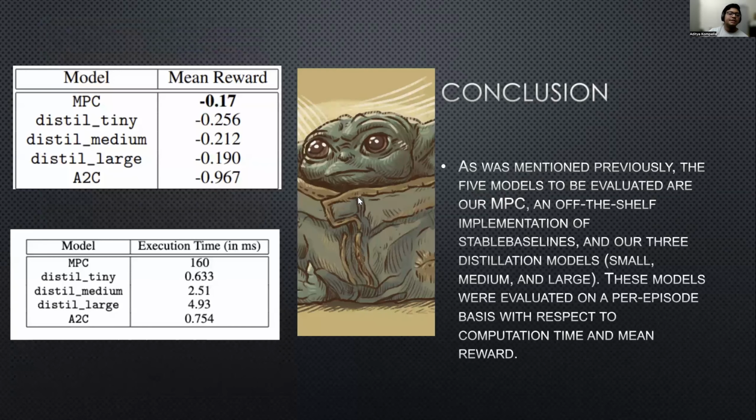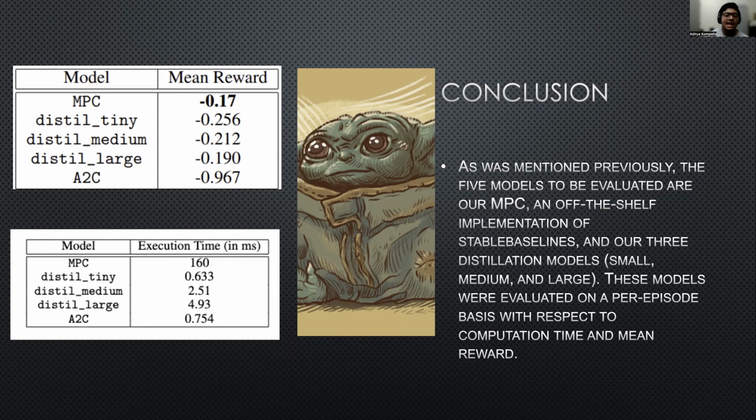In conclusion, if we look at the mean reward and the execution time of these policies, the mean reward is averaged across the episode. It's the L1 distance between the car and the blue box you saw in those videos, not only in the XY position, but also in the orientation, whether it's parallel in the parking lot or not.